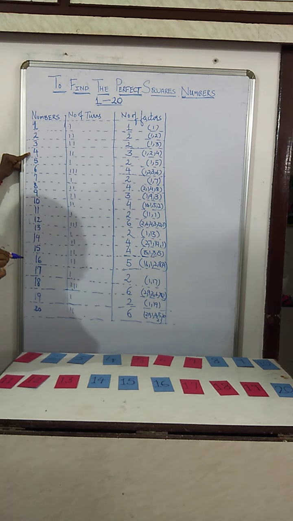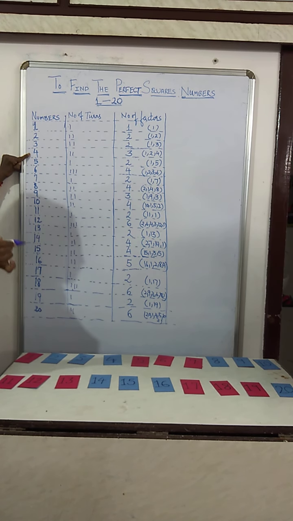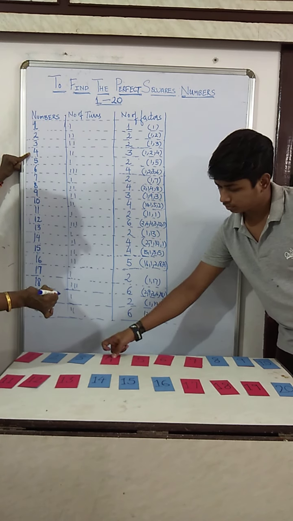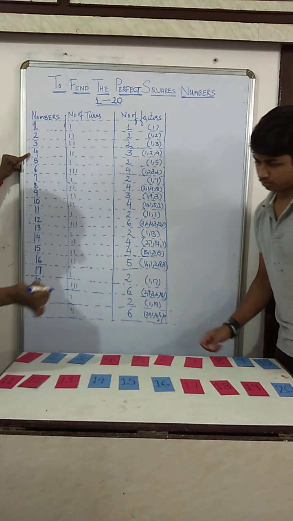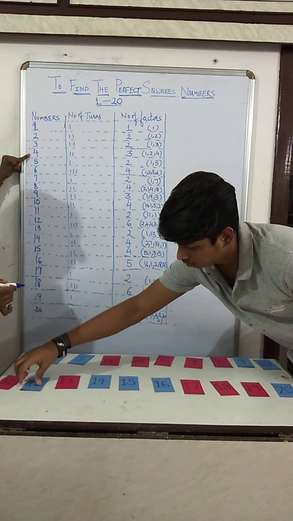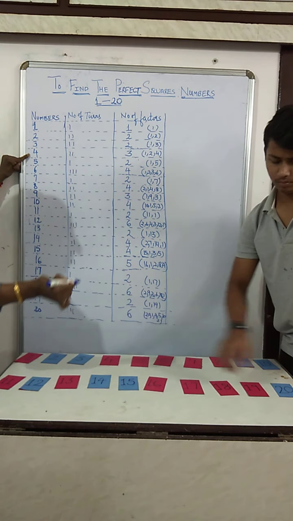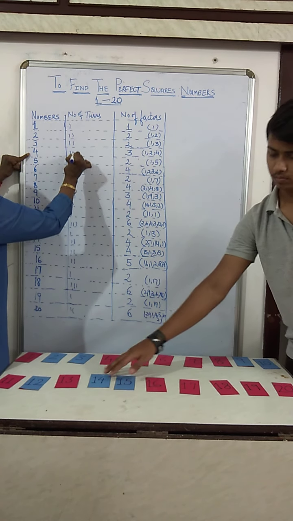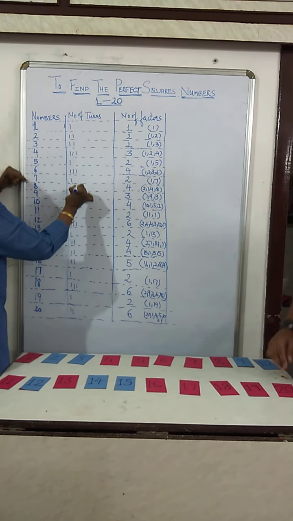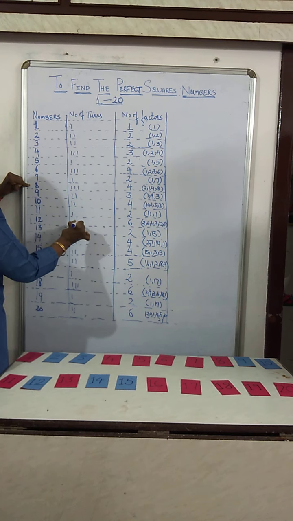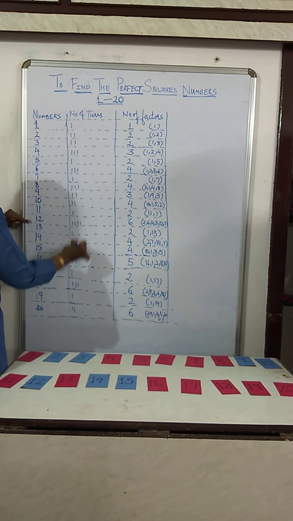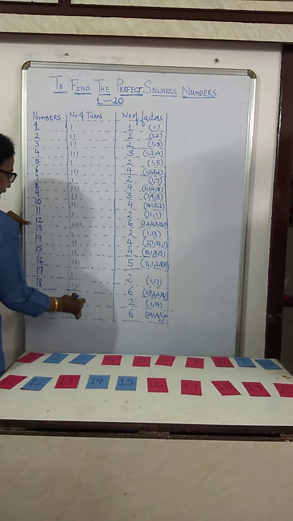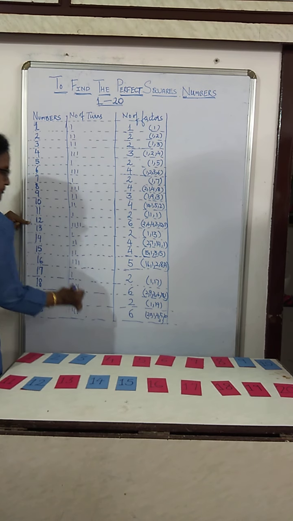The next number is 4. Now 4 is a factor of which numbers? 4, 8, 12, 16 and 20. The cards we turned were 4, 8, 12, 16 and 20.